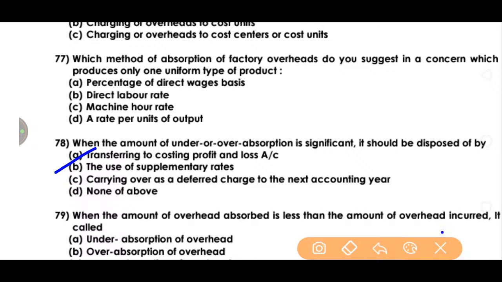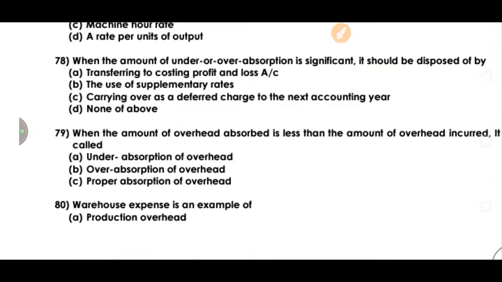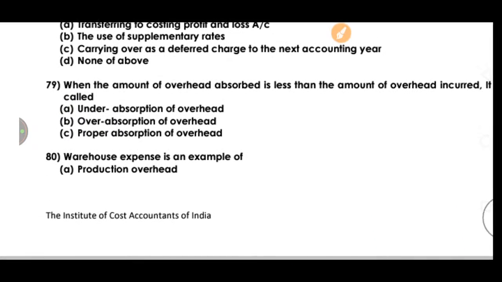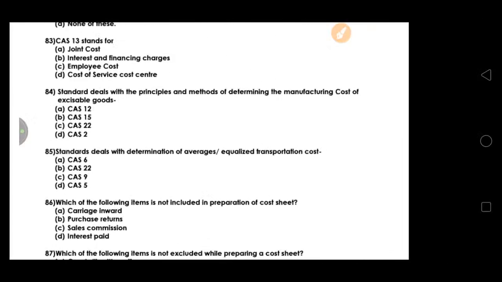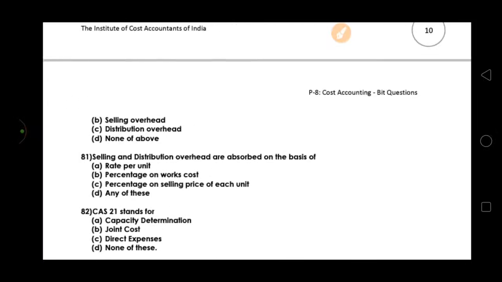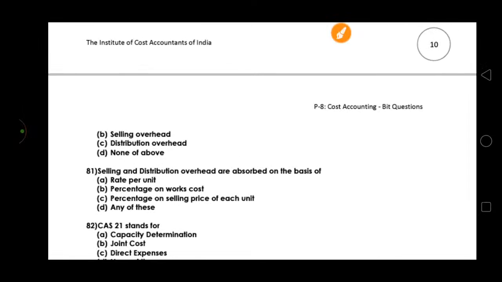When the amount of overhead absorbed is less than the amount of overhead incurred, it is called under absorption of overhead. Warehouse is an example of distribution overhead. So C is the right answer.